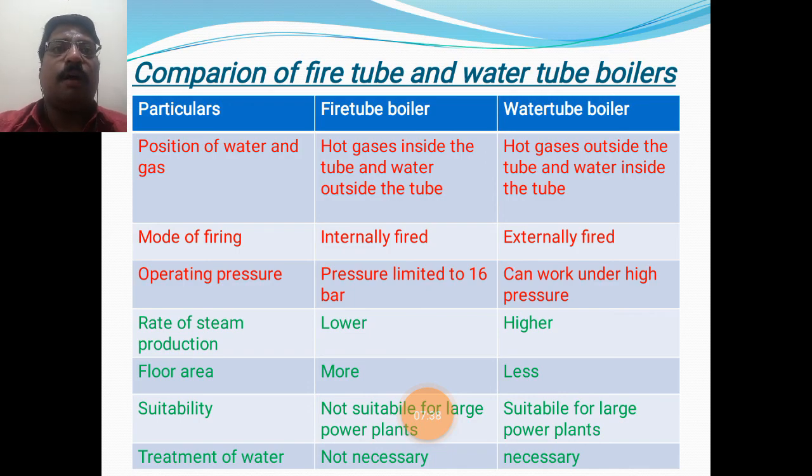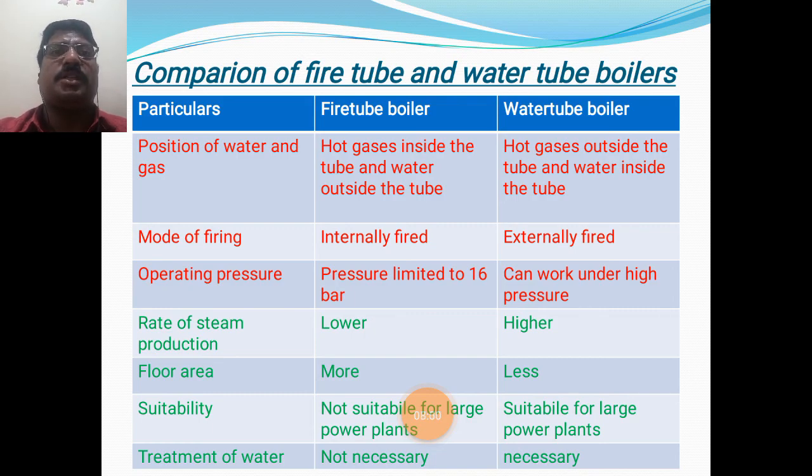The next one is operating pressure. Fire tube boiler pressure is limited to only 16 bar, whereas a water tube boiler can work under high pressures. Hence, you can say that all fire tube boilers may be low pressure boilers and all water tube boilers may be high pressure boilers.